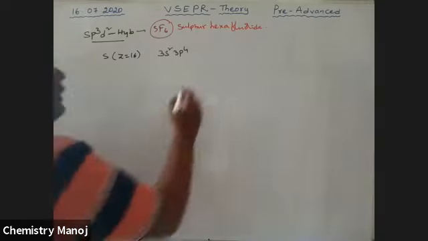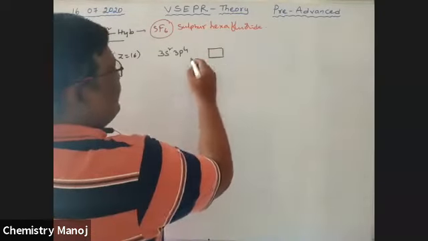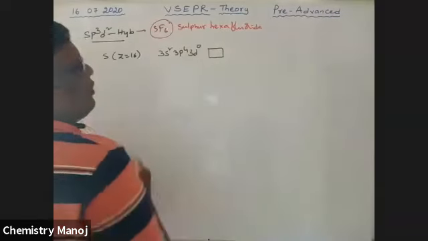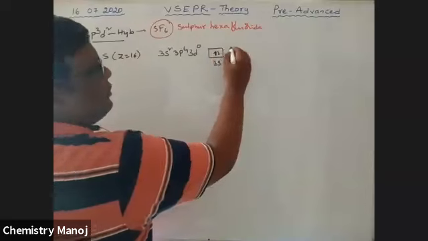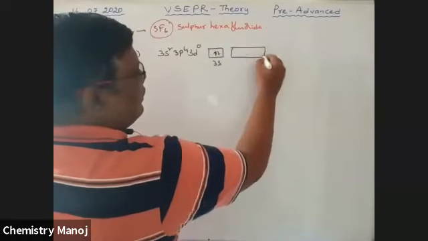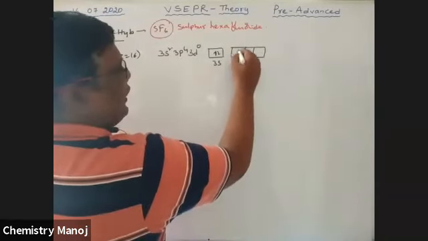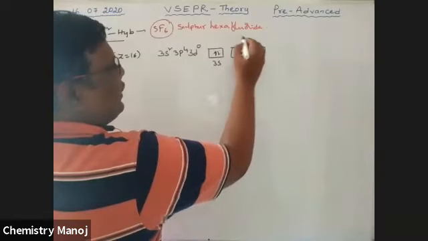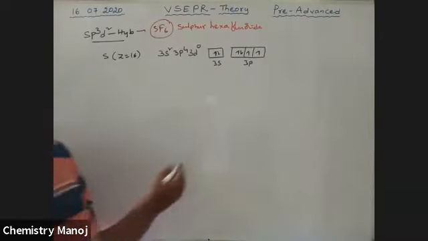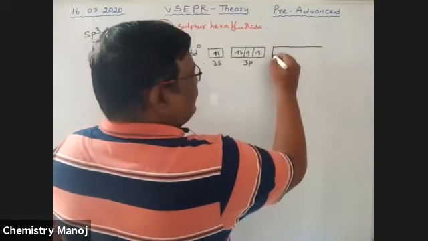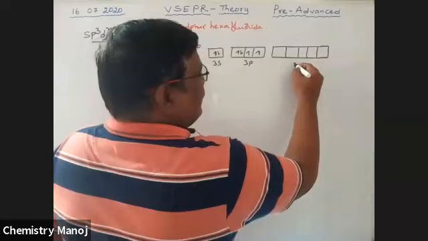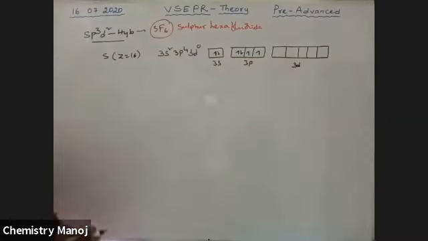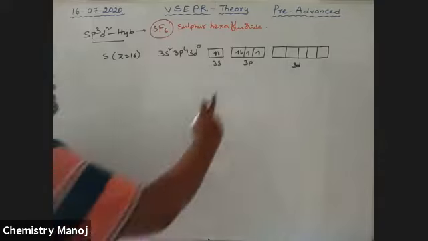In the box method, it has the 3s orbital with 2 electrons, the 3p orbital with 4 electrons, and the 3d orbital, where there is no electron. This is the ground state electronic configuration, and it has only 2 unpaired electrons.